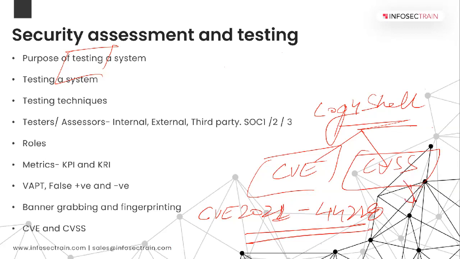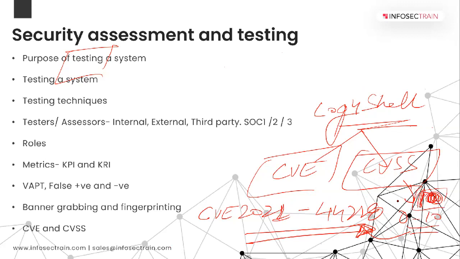What is CVSS? CVSS is your Common Vulnerability Scoring System. It is a scale from 0 to 10 which rates the severity of any vulnerability which is identified. Log4Shell had a CVSS of 10, which is most critical.